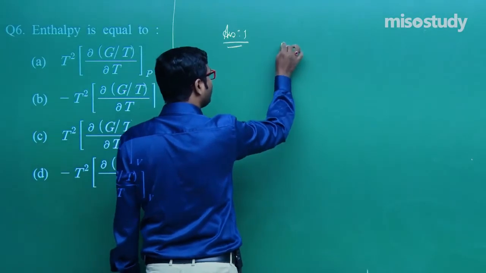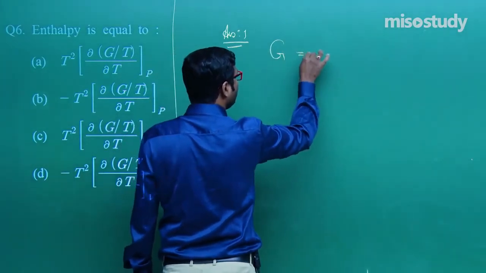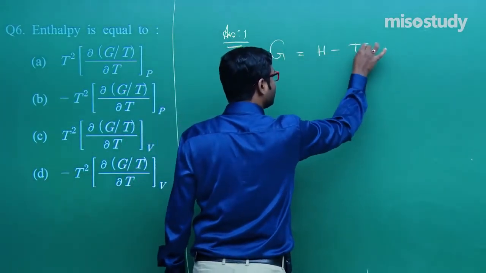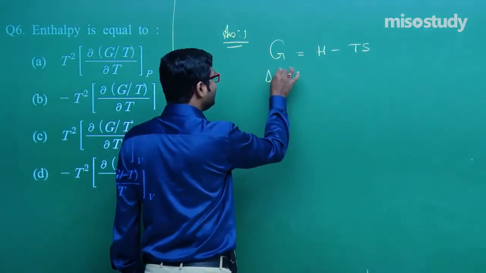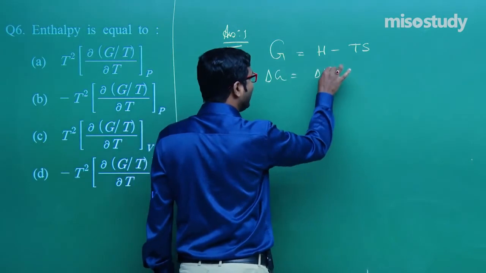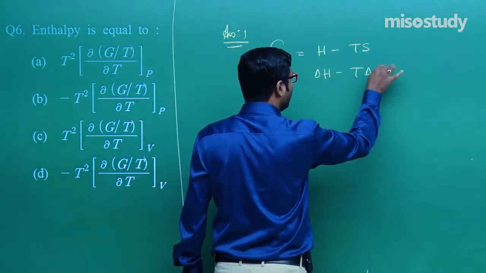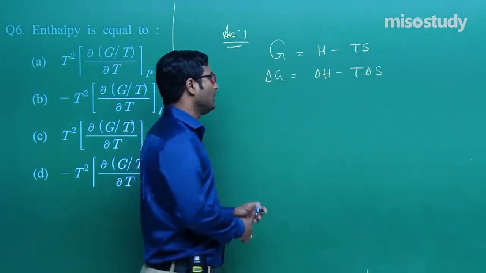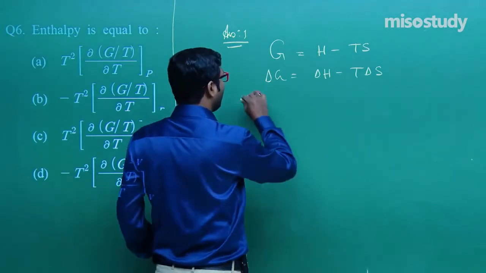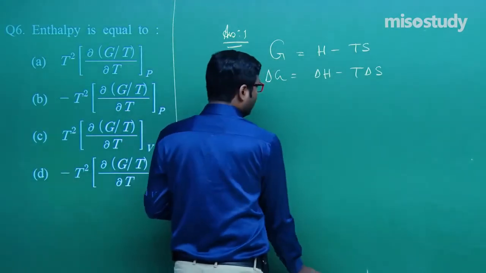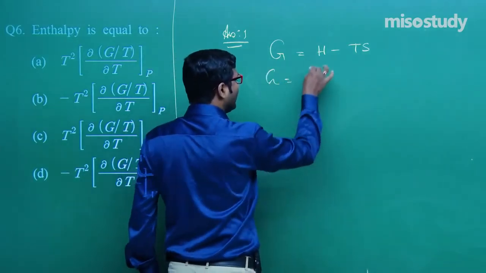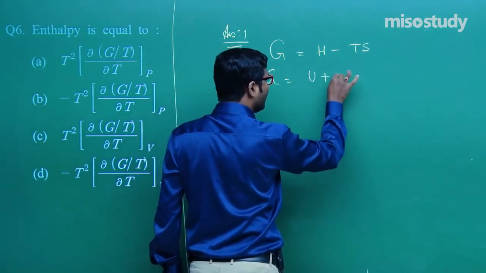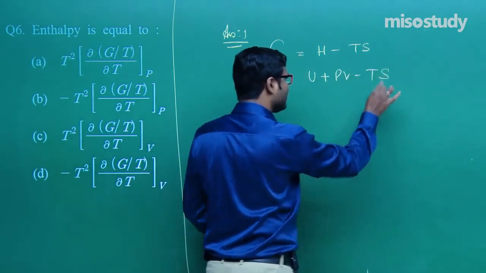As we know, G is equal to H minus TS. Clear? And delta G is equal to delta H minus T delta S. Or we can also write it like this: G is equal to, as we know, H is equal to U plus PV, minus TS.